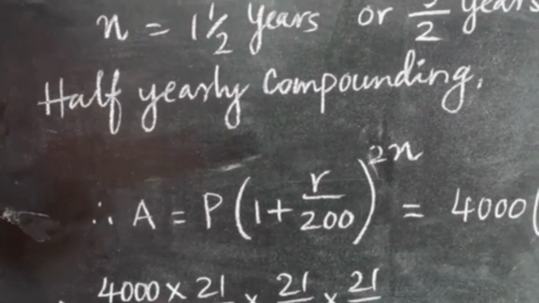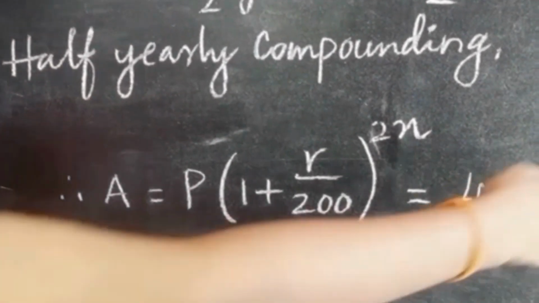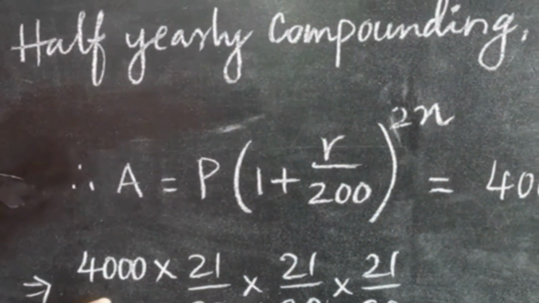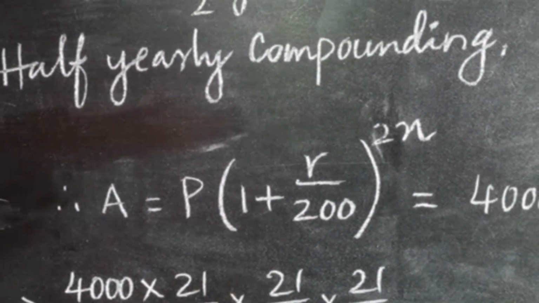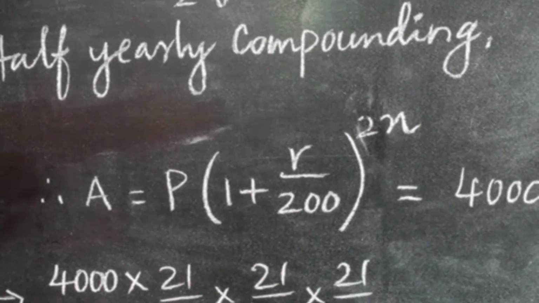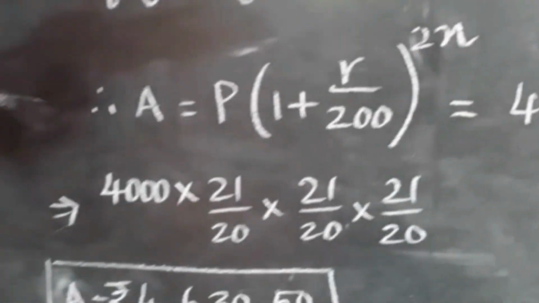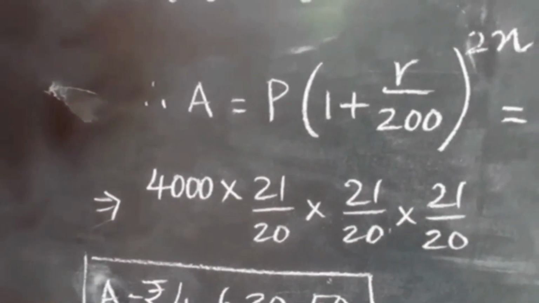So if we solve this equation, we get 4,000 into 21/20 into 21/20 into 21/20.